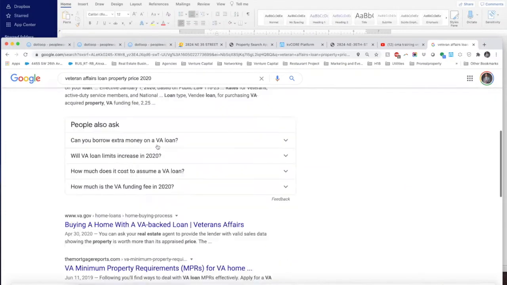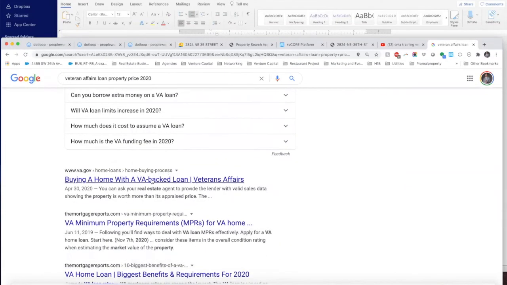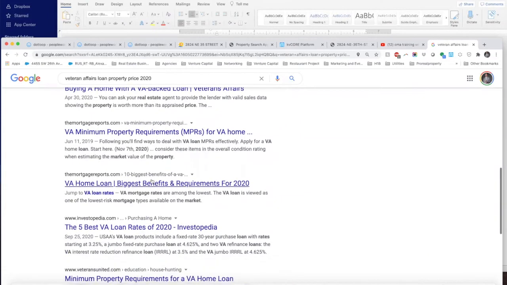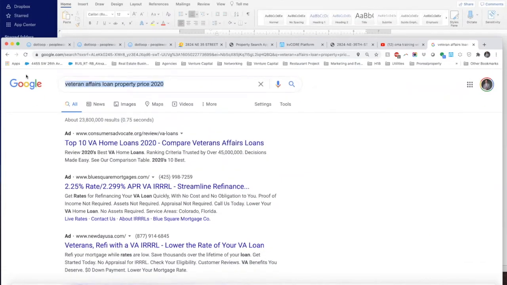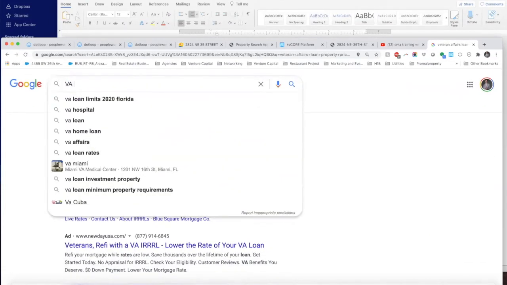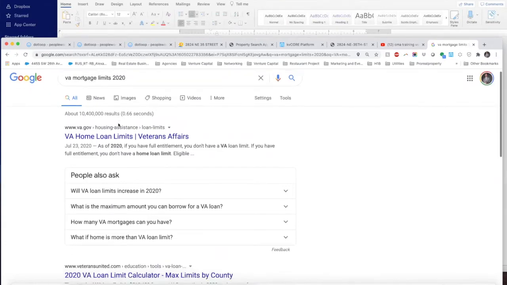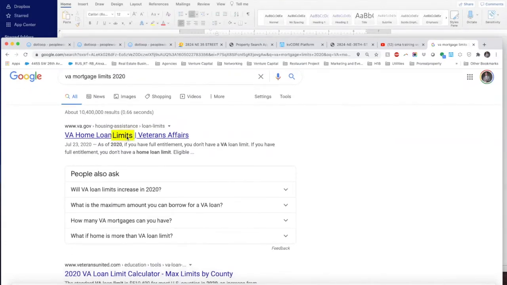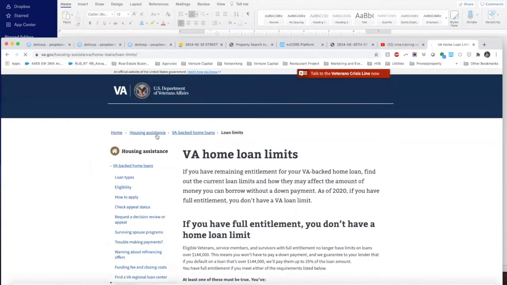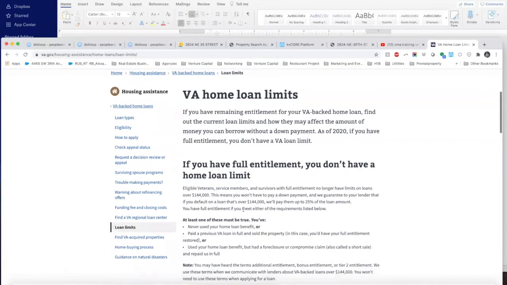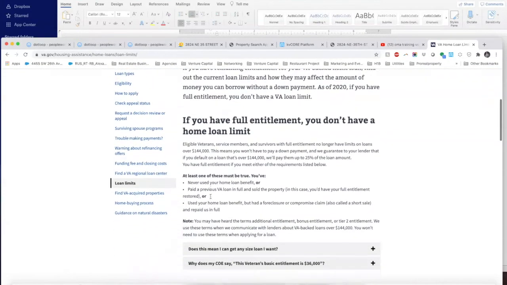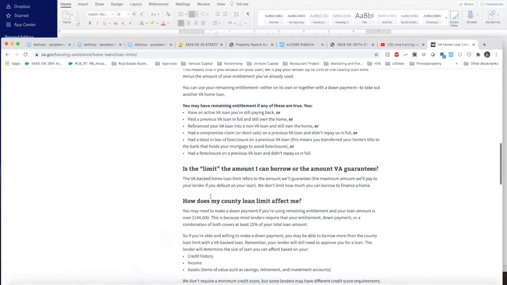VA funding, closing costs. Let's see, VA mortgage limit 2020. And we go to va.gov. So right now, because there are limits.